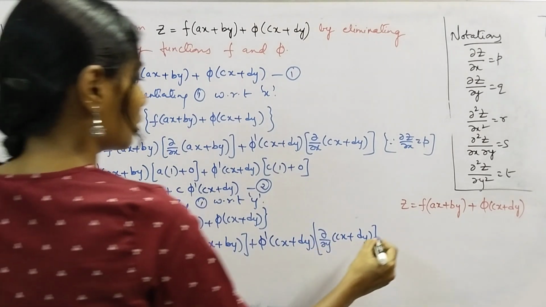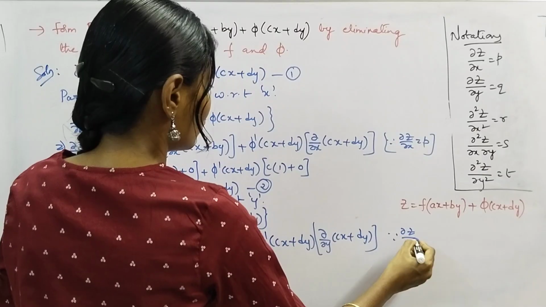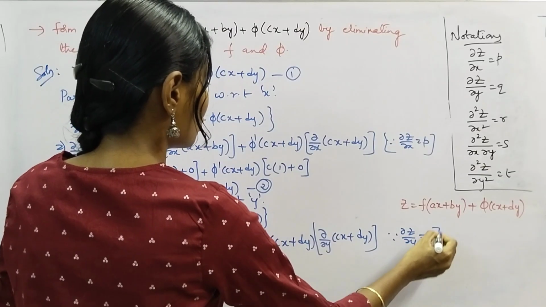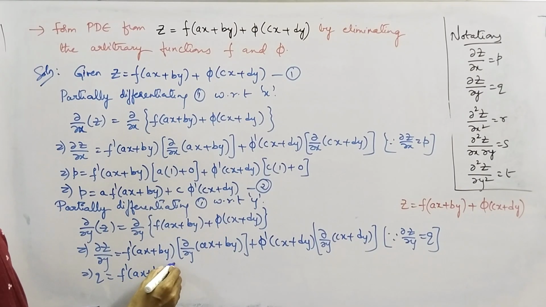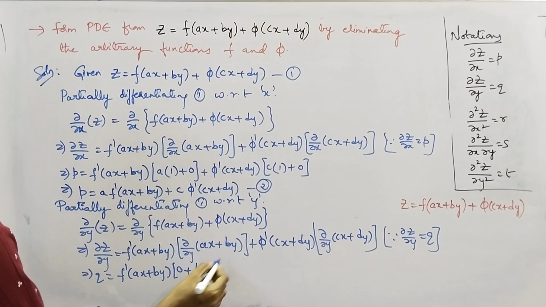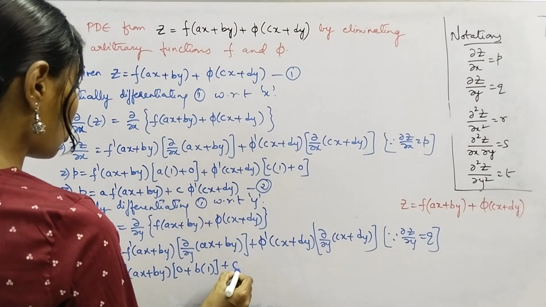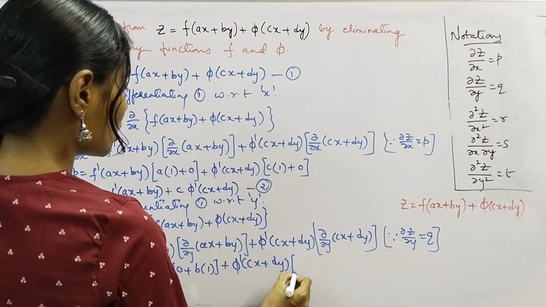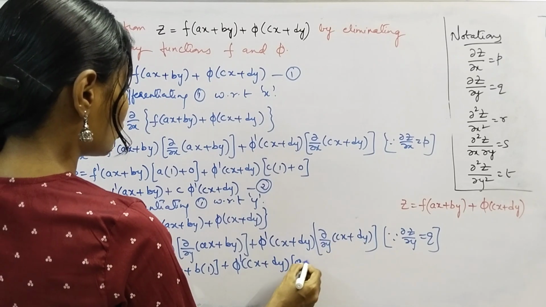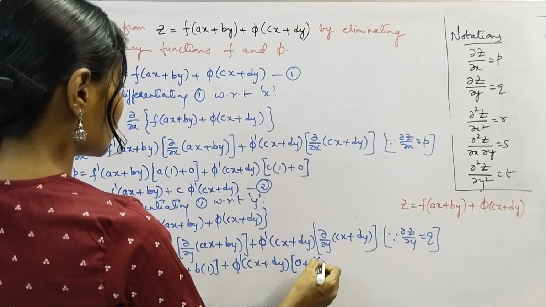Since we have a notation dou z by dou y equal to q, we'll replace it by q. You'll get q equal to f dash of ax plus by into partial derivative of ax with respect to y is 0 plus b into partial derivative of y with respect to y is 1, plus phi dash of cx plus dy into partial derivative of cx with respect to y is 0 plus d into partial derivative of y with respect to y is 1.